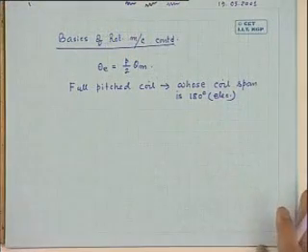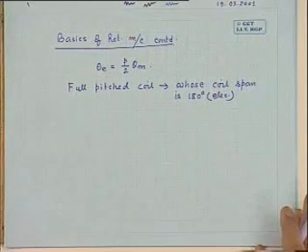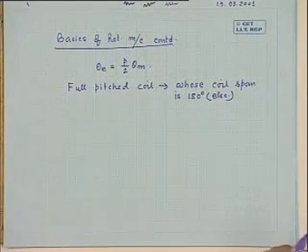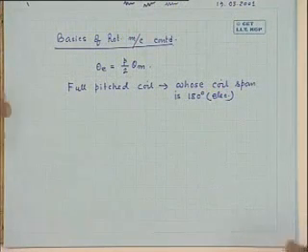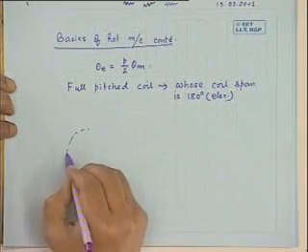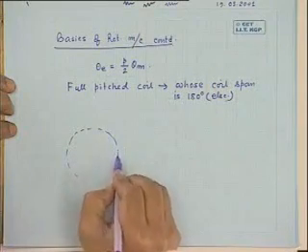Now today what we will do is this: suppose a coil in a machine carries some direct current. What will be the field distribution in the air gap of the machine? To do that, we will take a very simple case.